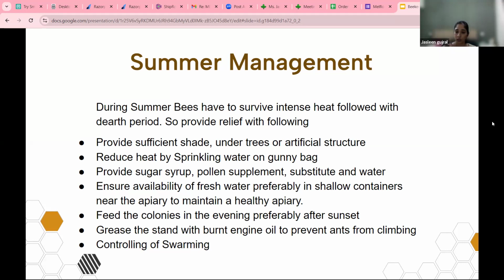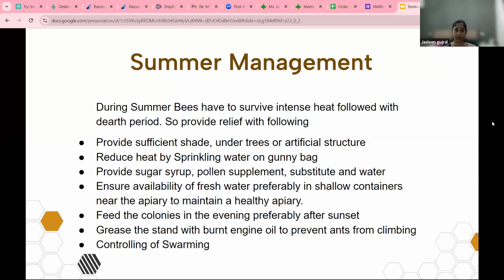Then try to grease the stands. The boxes are placed above the stands, so the stands should be greased in such a way that no insects or ants are able to climb up, so that they are prevented from any kind of diseases.